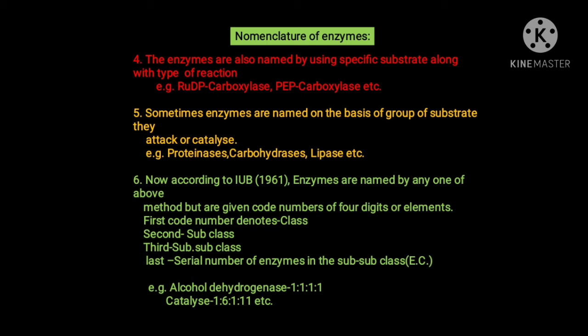For example, alcohol dehydrogenase: the first number indicates the class, the second indicates the subclass, the third indicates the sub-subclass, and the fourth indicates the serial number of the enzyme in the subclass. Similarly, catalase has the number 1.11.1.6. That means all such enzymes are classified by using these 4 codes.